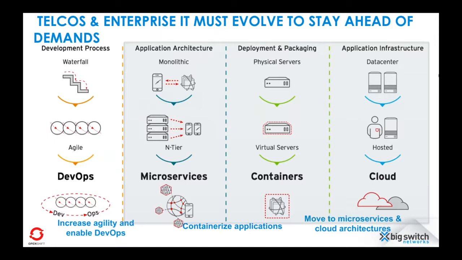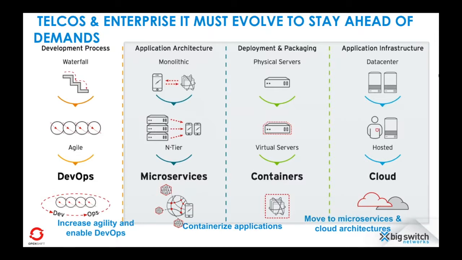Now, enterprise IT and telcos have a challenge in front of them. They have to evolve continuously to stay ahead of the demands that they see from their subscriber base and from their customers. In that process, multiple things are happening. First, they need to evaluate what their development process looks like. The development process itself is evolving from the traditional waterfall model to a much more agile model.